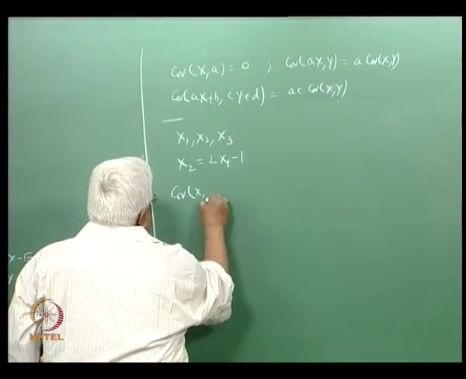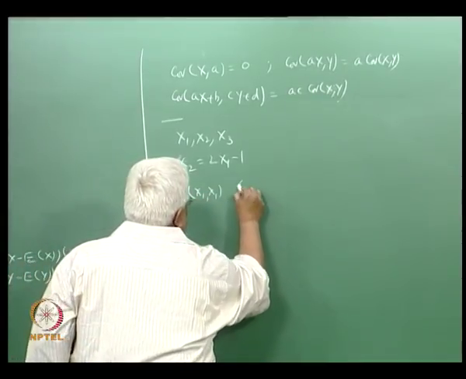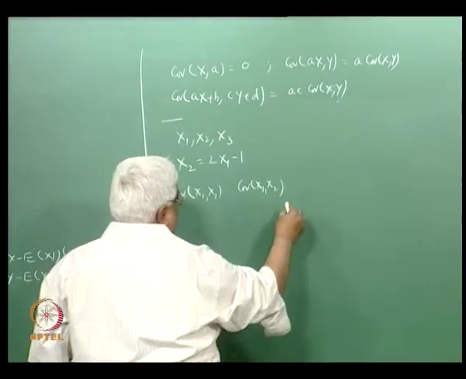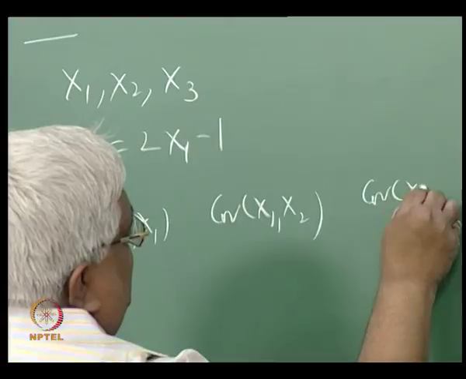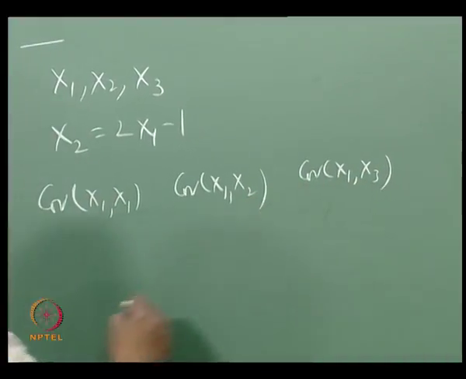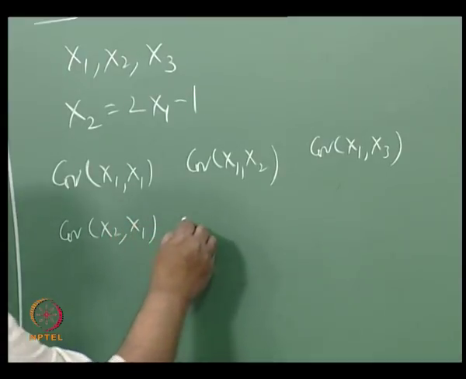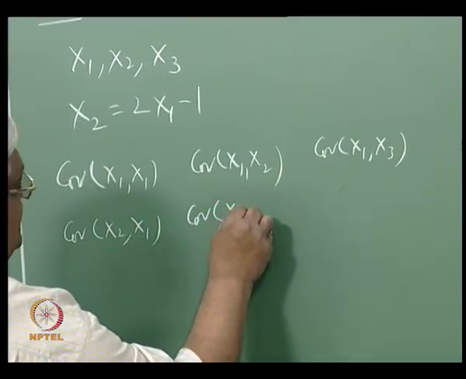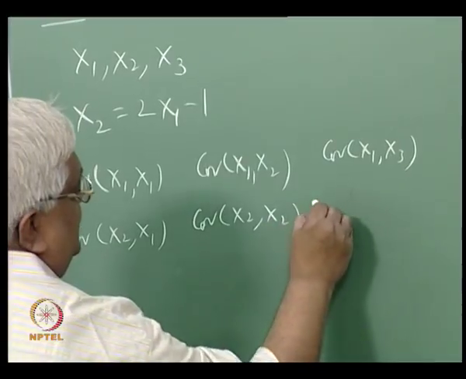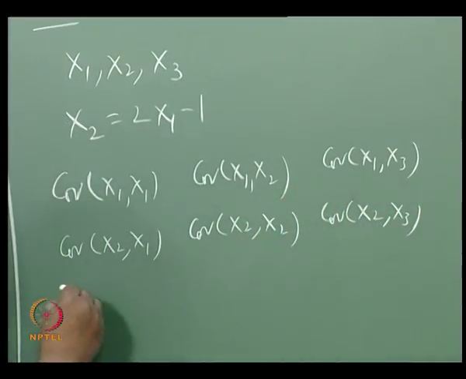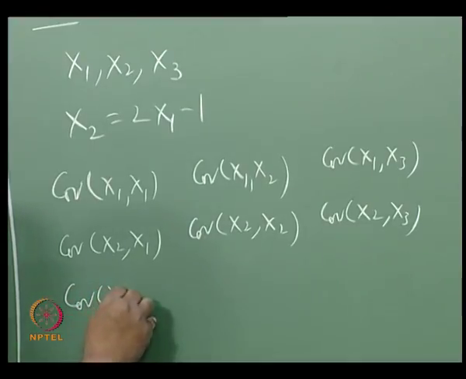Let us just see: covariance x1 x1, covariance x1 x2, covariance x1 x3; covariance x2 x1, covariance x2 x2, covariance x2 x3.